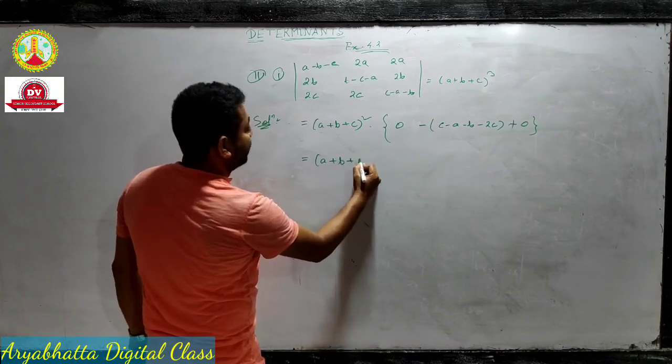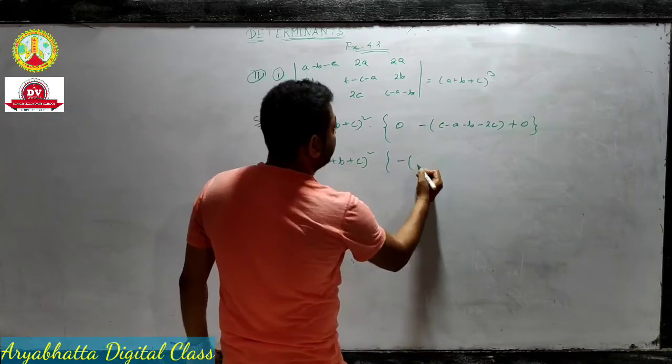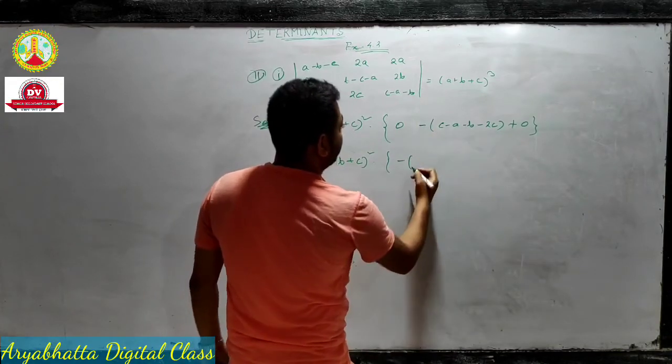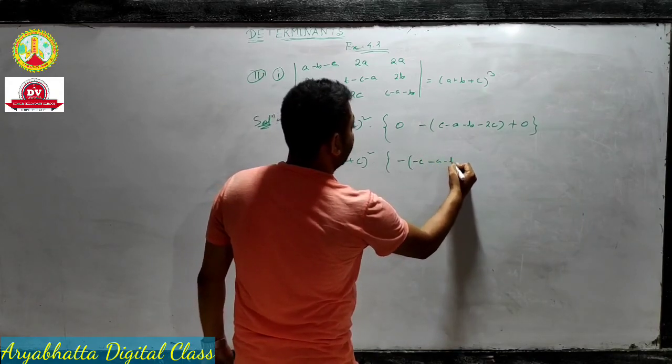So (a + b + c)² into −[(c − a − b) − 2c], and c − 2c equals −c, giving −(−c − a − b).